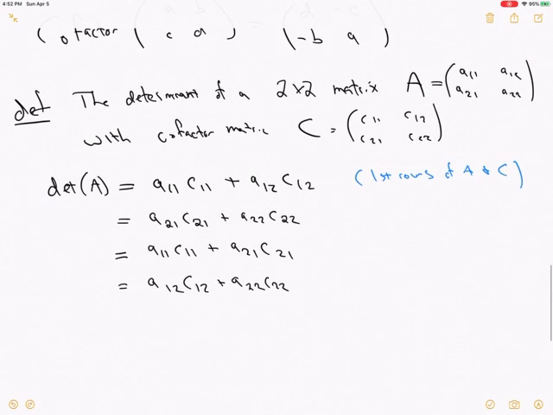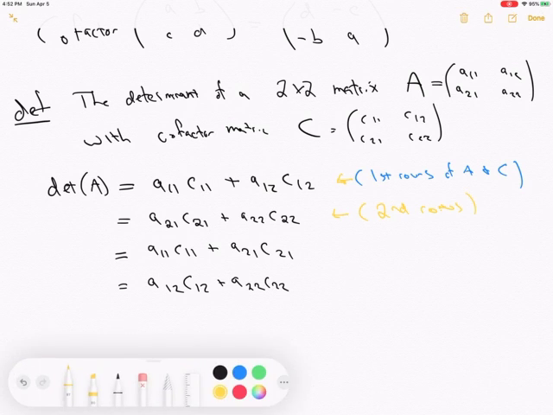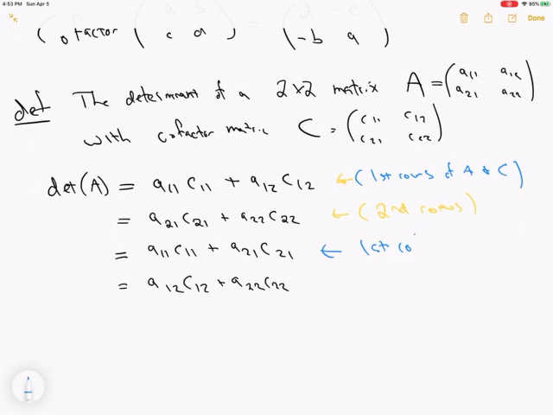So this first formula here comes from if you look at all the entries in the first row. This second formula here comes from if you look at the second row. This one here comes from if you use the first column entries, and this one here comes if you use the second column entries. And it's a fact that they're all the same.